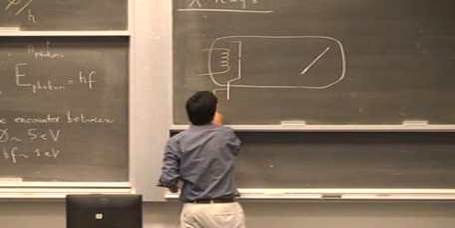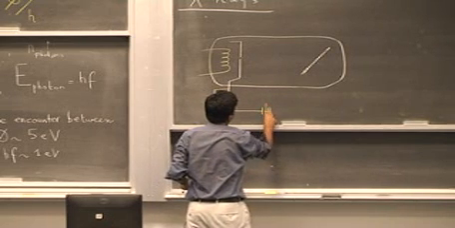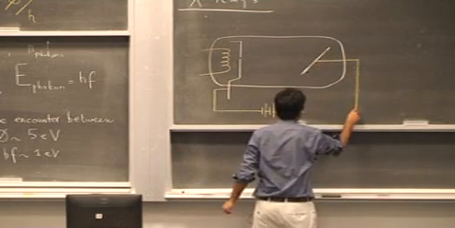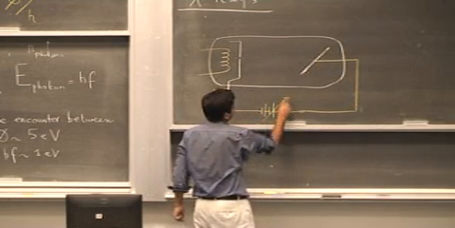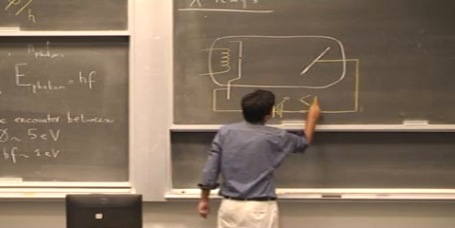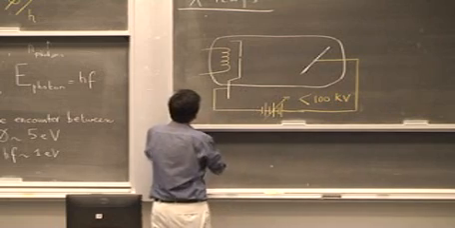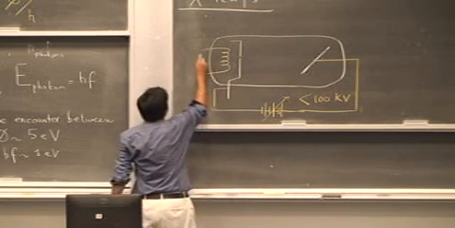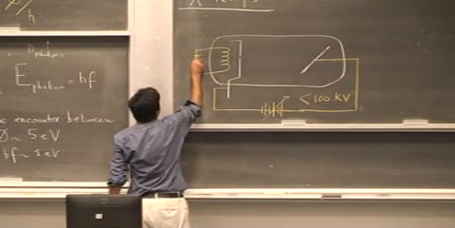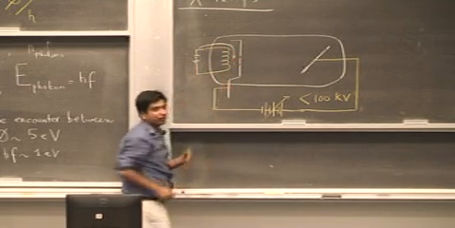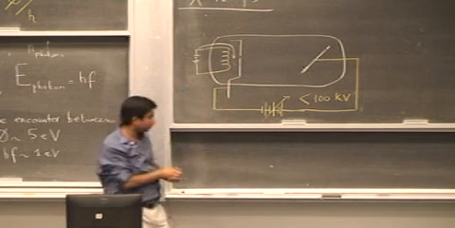A very high voltage supply is applied between these electrodes. It's very high, can go up to 100 kilovolts. Now, a current flows through the filament, and when current flows through the filament, electrons are ejected as they are in a cathode ray tube.